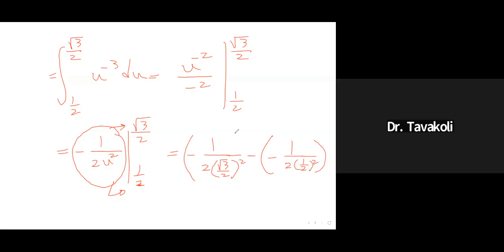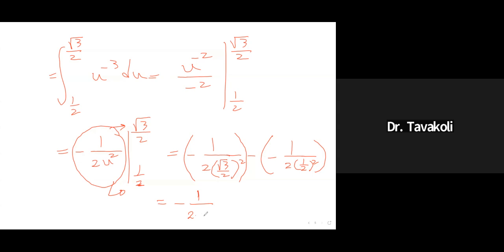The first term didn't really need the parentheses, but let me put parentheses for more clarification. So I evaluated minus 1 over 2u squared at radical 3 over 2. That's the first parentheses. And minus the evaluation of that function at 1/2, which is the second parentheses. So the first term is going to be minus 1 over 2 times radical 3 over 2 squared.